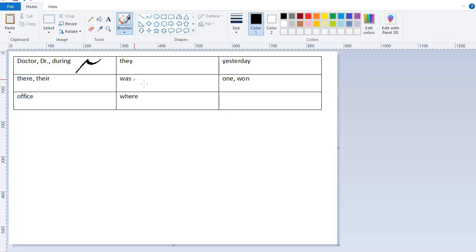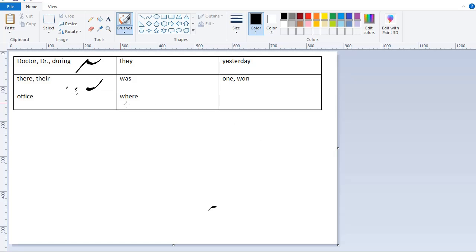So, yun ang magre-represent ng ating there, or yun yung brief form ng ating there and there. So we have under TH. Ayan. Okay? So that is how you do there and there.